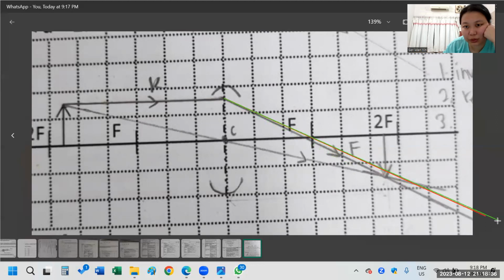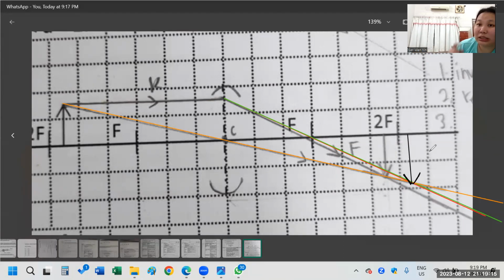Go through the point properly. Okay, then orange. And from tip, you will see your image actually is here. Your image actually is behind 2F. Can you see? Your image is behind 2F.